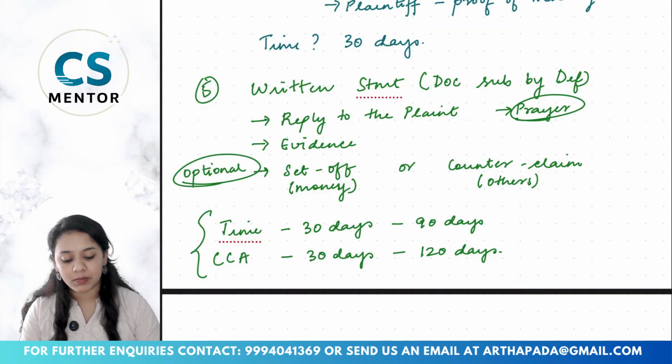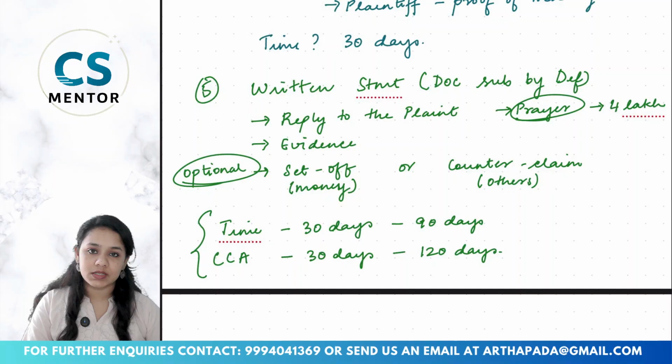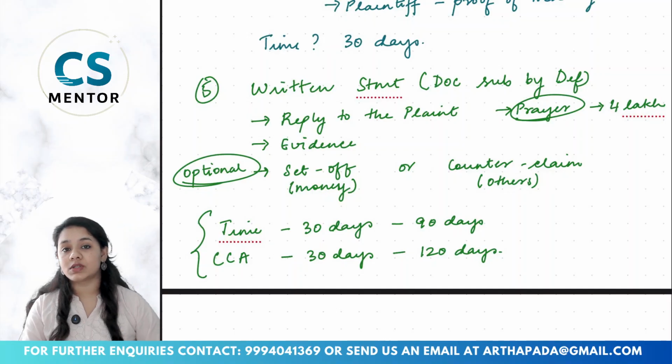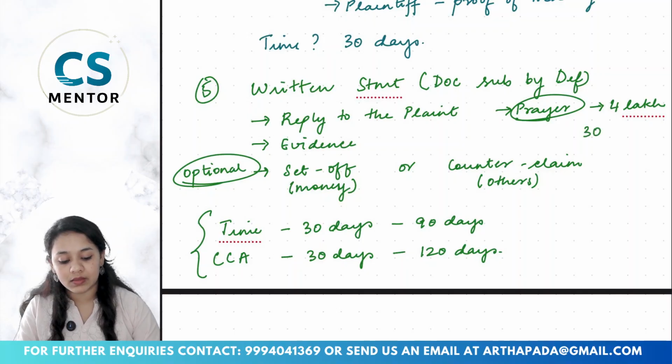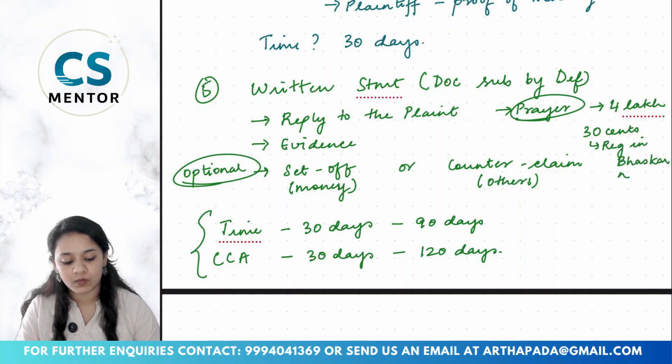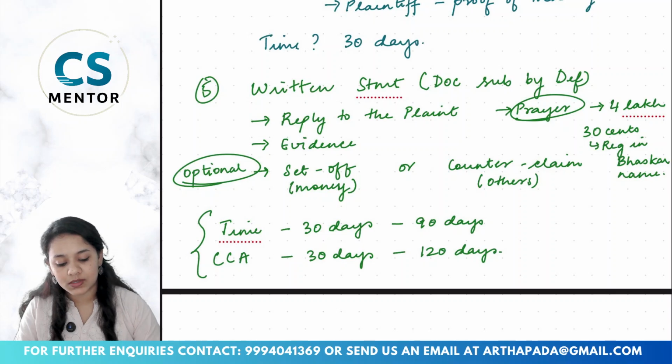So in his prayer, Bhaskar will say, listen, I incurred 4 lakh rupees for the purpose of building this pathway. I want a reimbursement of that 4 lakh rupees. And in addition to that, the 30 cents of land should be registered in Bhaskar's name. Please understand that this is the prayer, correct?